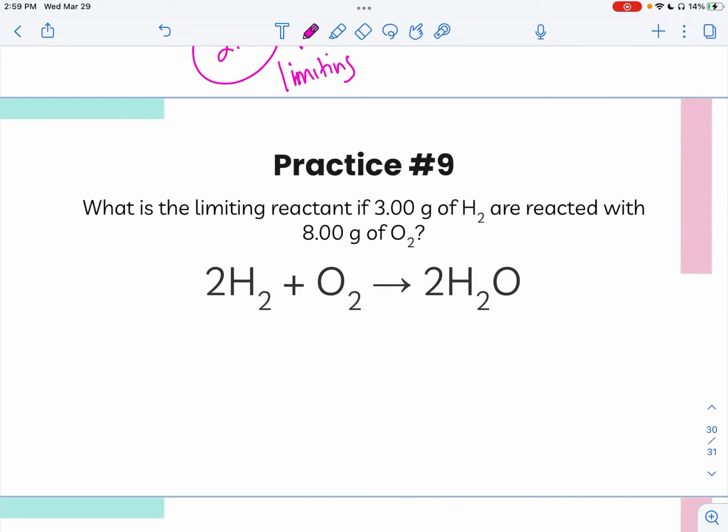For number 9, we're given grams. So remember, if we have grams, we have to convert into moles. So my first step is just going to be using my molar mass to convert into moles.